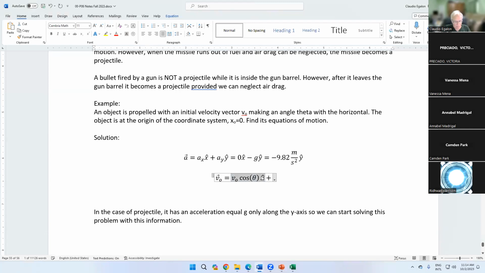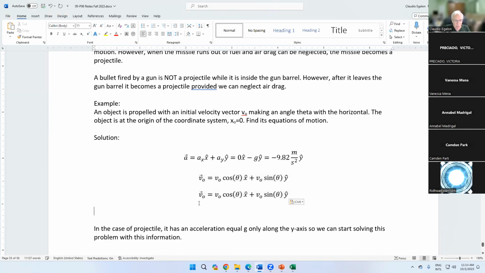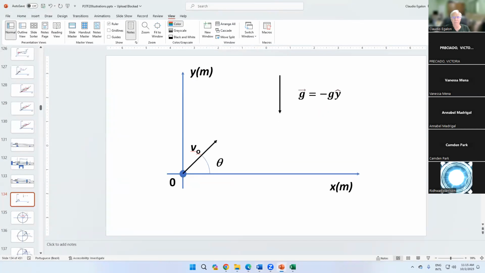Plus v naught sine of theta y. Right? So here are the things that we know. Oh, there's one more that we know, which is the initial position. The initial position R naught is going to be 0 because the object is at the origin, according to this illustration.